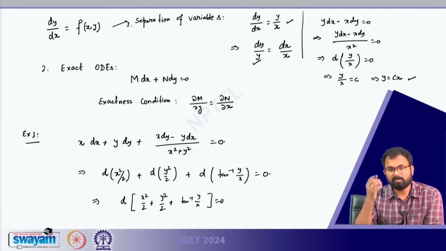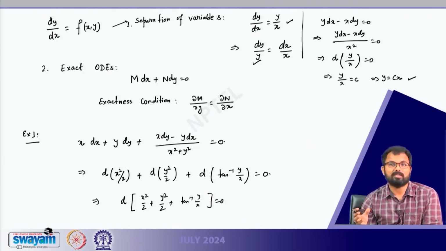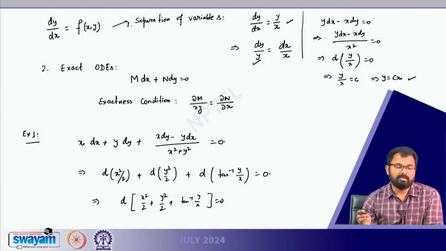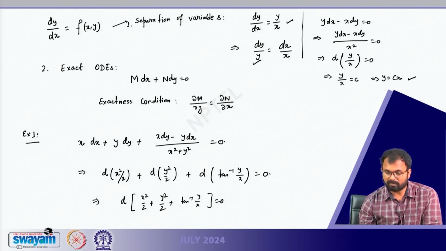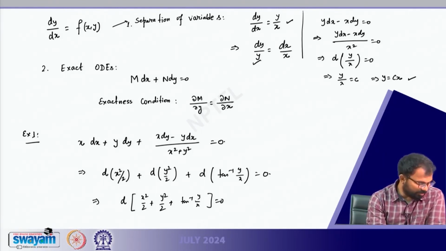So, as long as you are able to write d of something, then basically your equation is exact, and you should be able to determine the solution, right. Now, let us see some more techniques that we have learnt over the time.